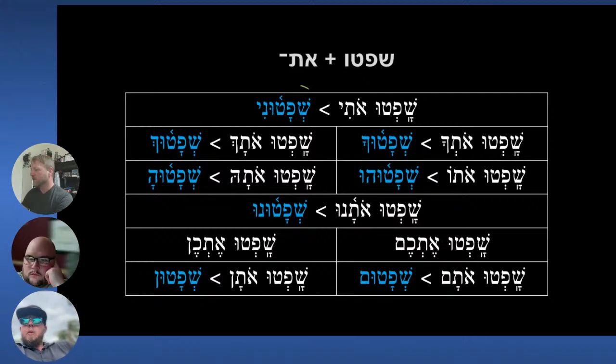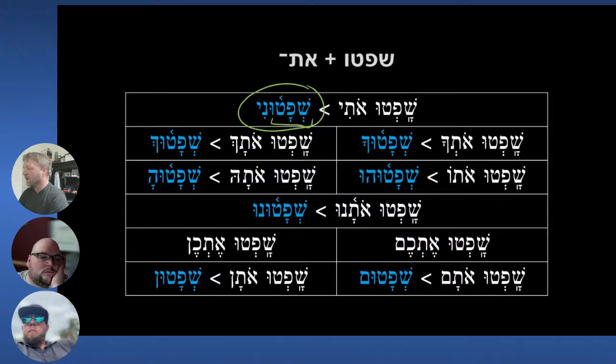But this is important. Shaftu oti means shfatuni. We just went over that form. We're going to keep that shfatu and add all of the suffixes to it. Shfatucha. We could go back and look at how each one of them undergoes the same reduction of the first syllable and lengthening of the second.